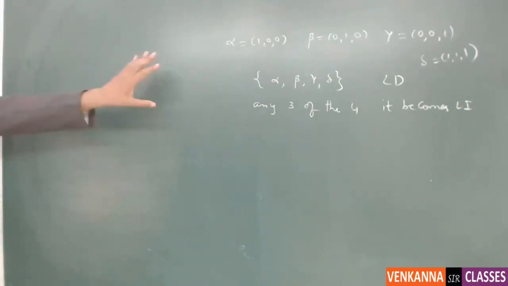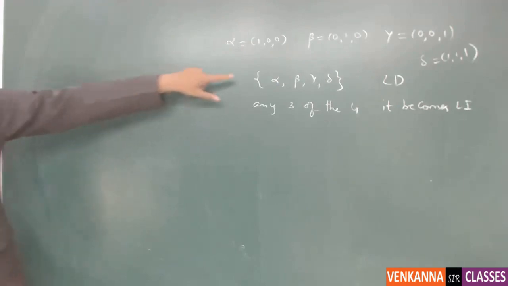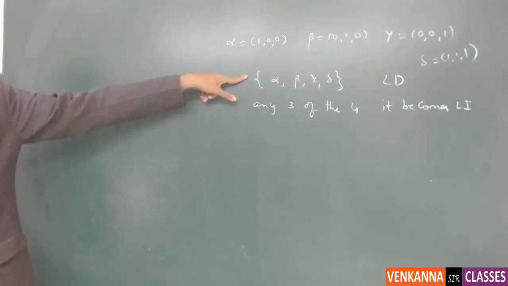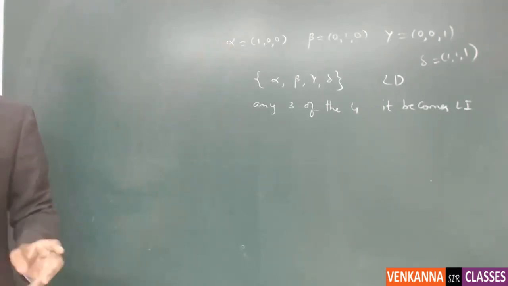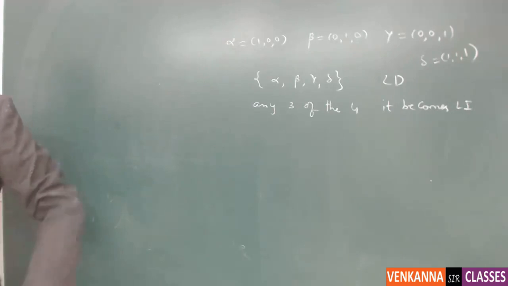So this is my objective to prove. So let us go with the first one. I have considered all the 4 vectors in one set and I am going to prove that it is LD. How? Let us take the definition as it is.